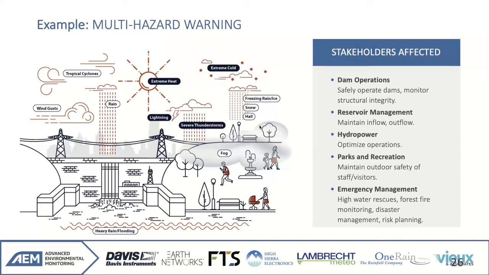So here's a pictorial diagram that shows all of the different impacts that an agency could be impacted by. Obviously we'll start down at the bottom here with heavy rainfall and flooding and all of the impacts that are surrounding that particular hazard, right?